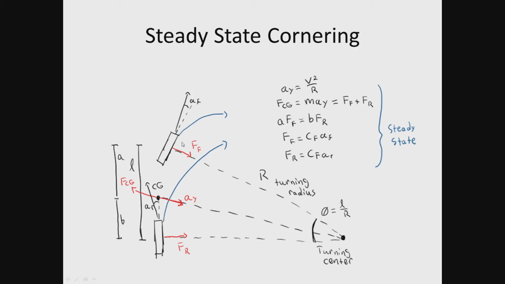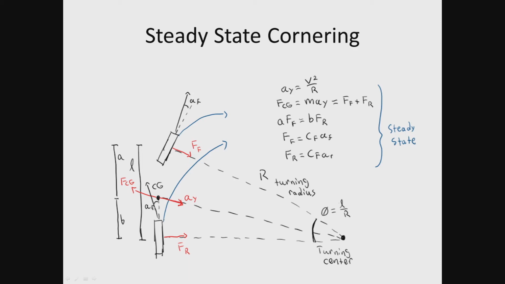Shown with the blue lines here are the paths traveled by the front and rear wheel. As you can see, they don't perfectly coincide. The steering geometry that you set up will affect how close these lines are together and what point they intersect at. In this situation, we're saying that they're not going to intersect, they're going to run concentric to each other, but they don't follow the exact same path.